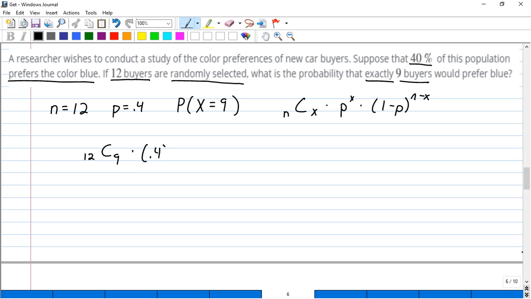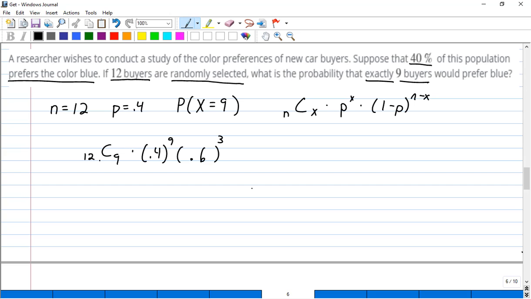So that's 0.4 to the x power, so to the 9th. And then what's 1 minus 0.4? 0.6. And that's to the n minus x. So n was 12, x was 9. 12 minus 9 is 3.